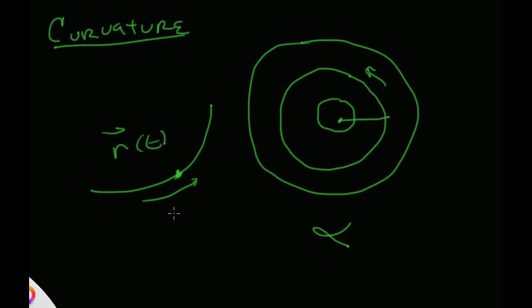So we're going to set curvature, instead of equal to alpha, inversely proportional to alpha. So we want curvature to be 1 over alpha. Okay, so we're asking, how fast is the curve changing with respect to arc length?